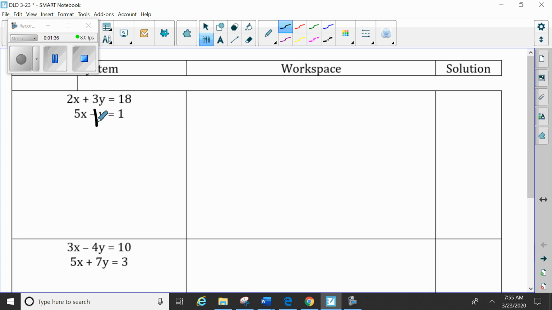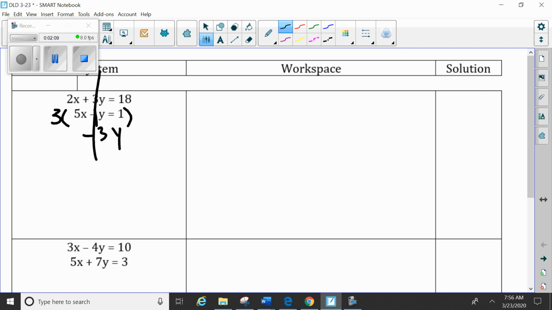So that means we have to change this -1 to be -3 because we want it to cancel out with +3y. So for this, we would simply be multiplying just the bottom equation by 3, because 3 times -1y would give me -3y, which I would then be able to cancel out, just like that.